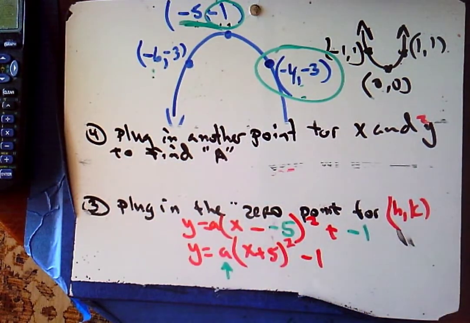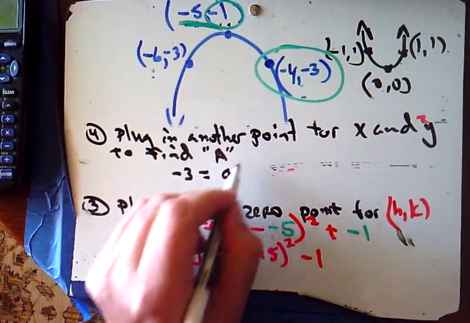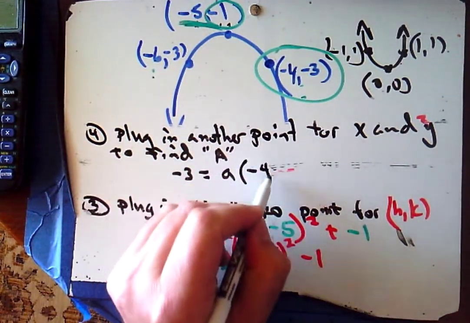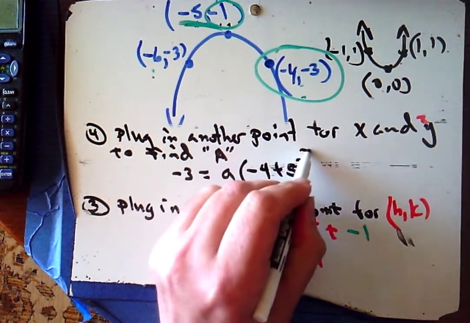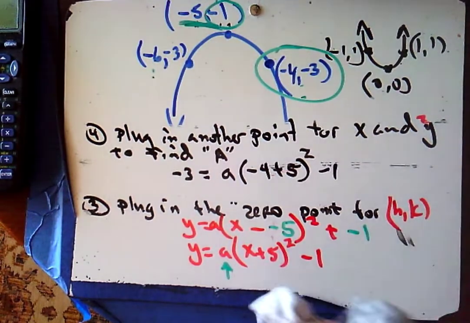Okay, so what's that going to look like for us? I'll plug in negative 3 equals a(negative 4 plus 5) squared minus 1. So now I need to solve this equation.